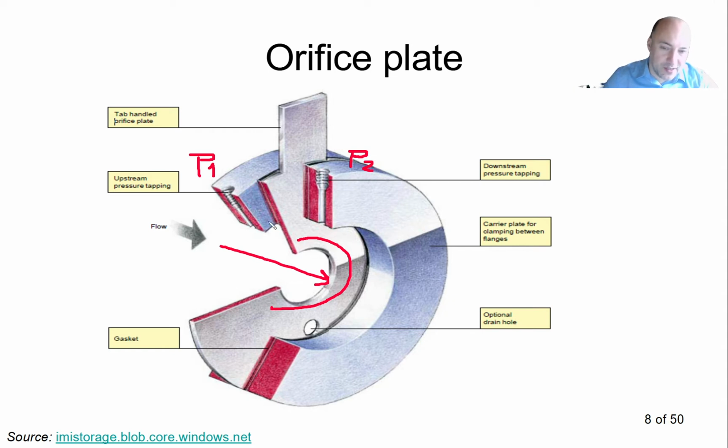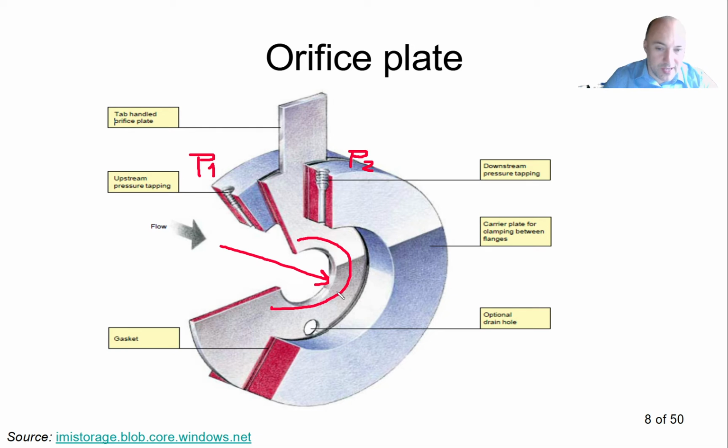The distance between the orifice plate and the holes for the pressure probing is given by some standards. So it is not an arbitrary distance or arbitrary diameter. It is defined by standards that tell you what the diameter should be, how far it should be, what the roughness of your material should be, what the beveling of your edges should be, and so on.